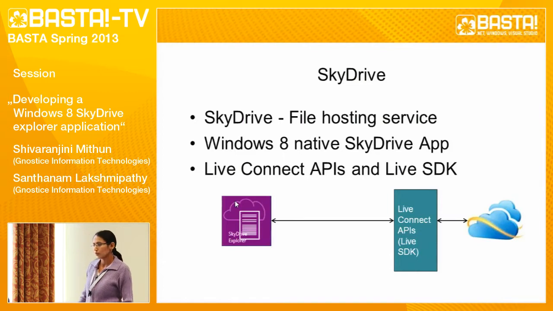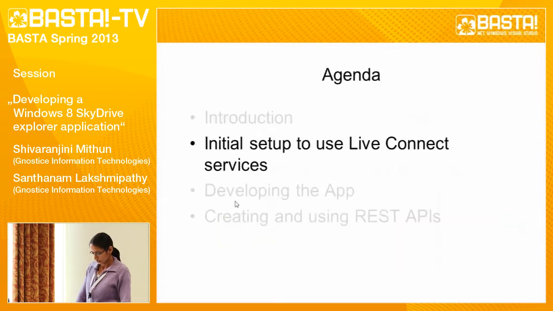I will be talking more about single sign-on capability in the next part of our session. To make our application use those APIs, we need to establish trust between Live Connect and our application. Let us see how to do that.